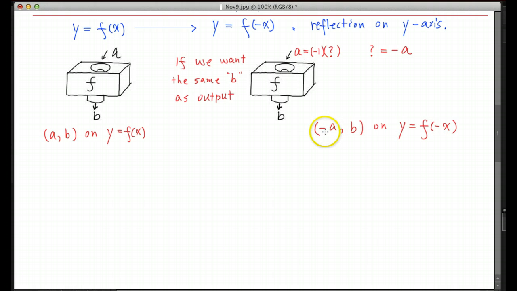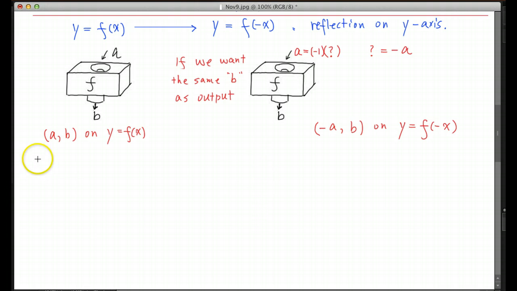So obviously there's a reflection on the y-axis, because only the x value changed. If a is +2, now it becomes -2, so it goes to the other side of the y-axis. So the conclusion would be exactly the same as we put it here.